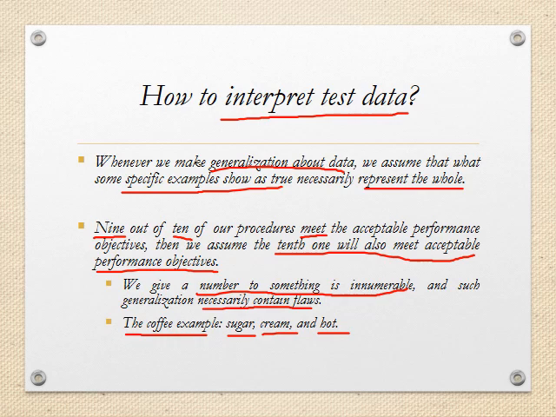Sometimes people like it with only sugar without cream and so on. But if, for example, 9 persons agreed on this, we do not assume that the 10th person will agree on the same criteria. The conclusion here, avoid generalization when you try to interpret data.